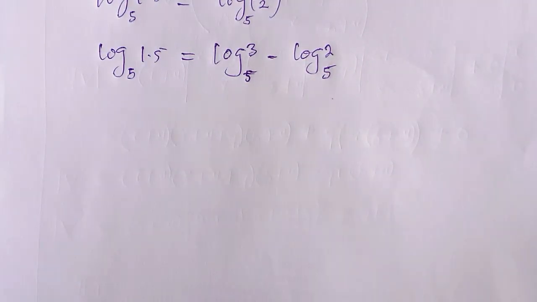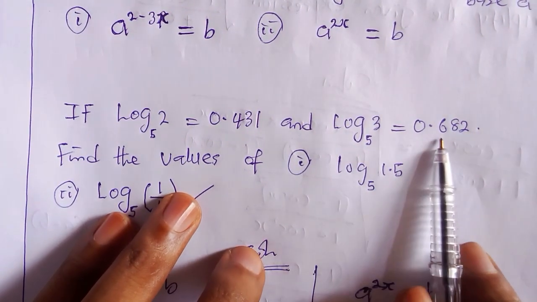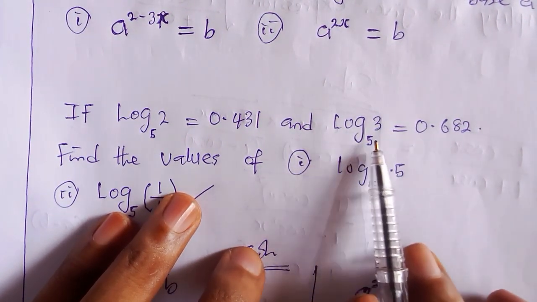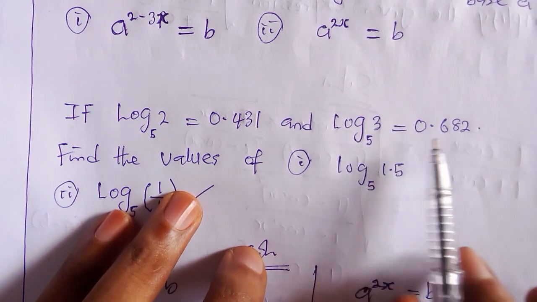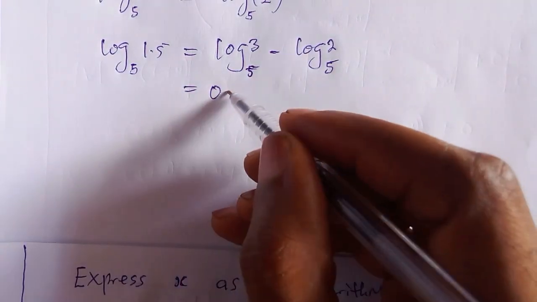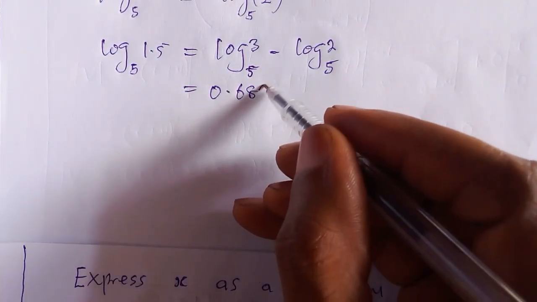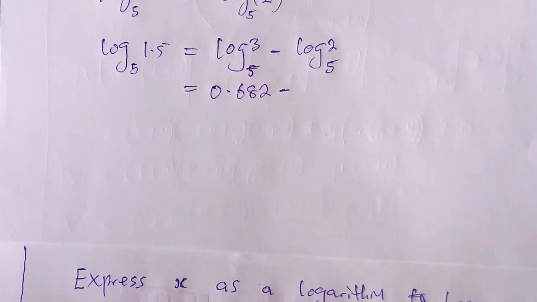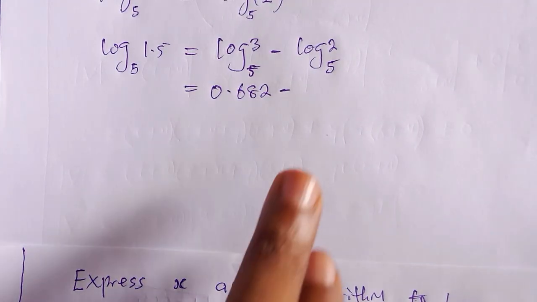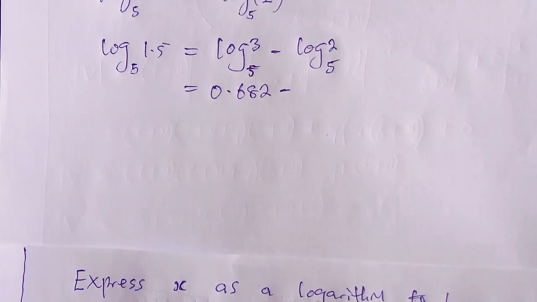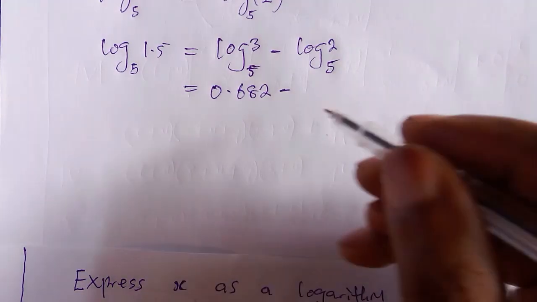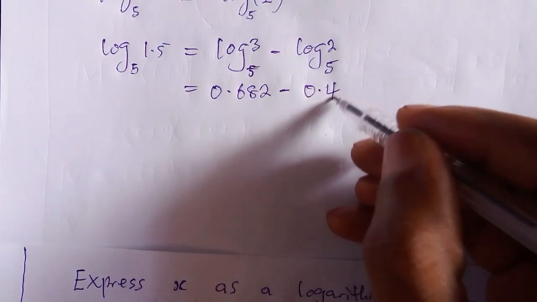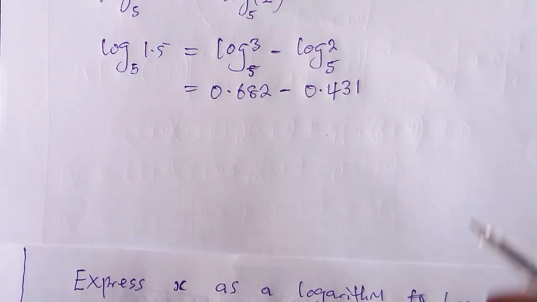But we were given in the question that log 3 base 5 is equal to 0.682. Therefore, I'm going to write 0.682 minus, then we have that log 2 base 5 is equal to 0.431.